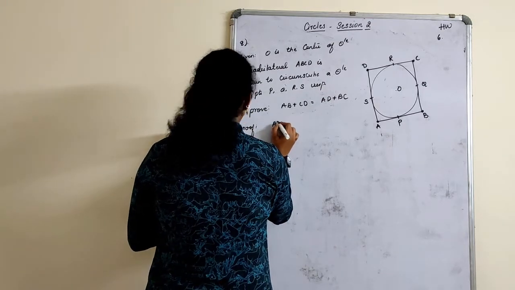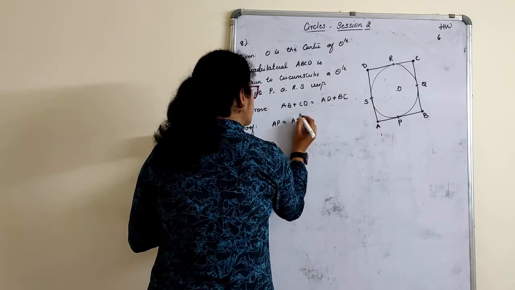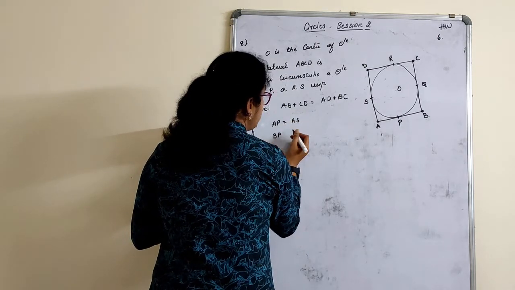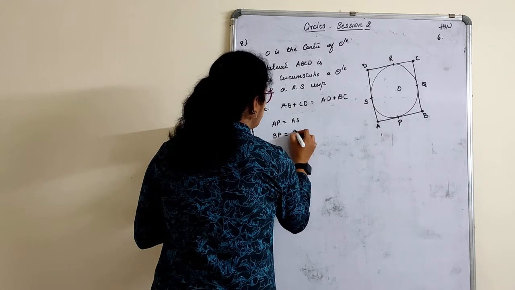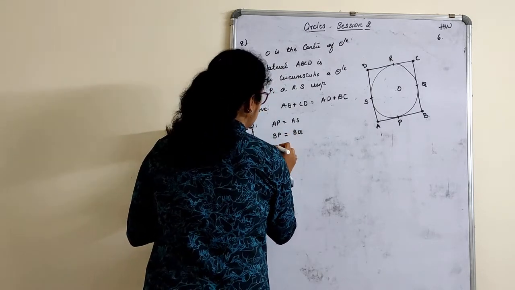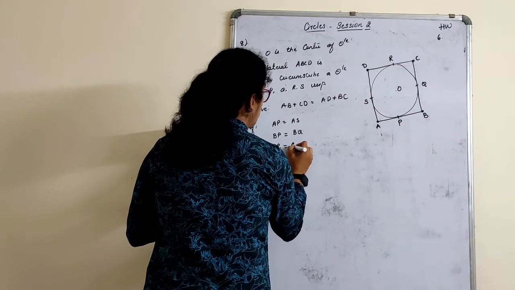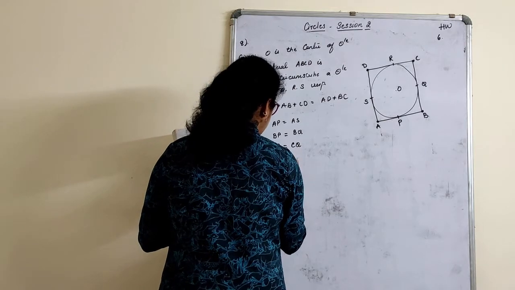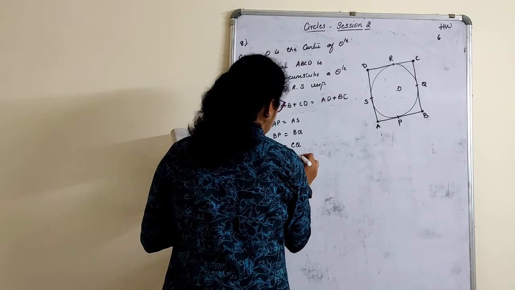I'll first write AP is equal to AS. Then BP is equal to BQ. Then CR is equal to CQ. Then DR is equal to DS.